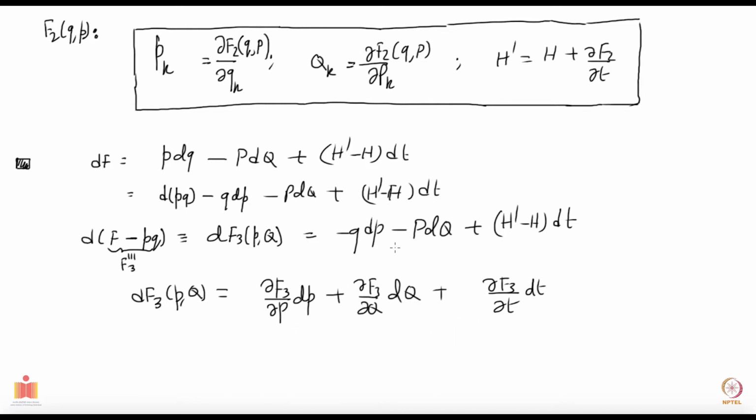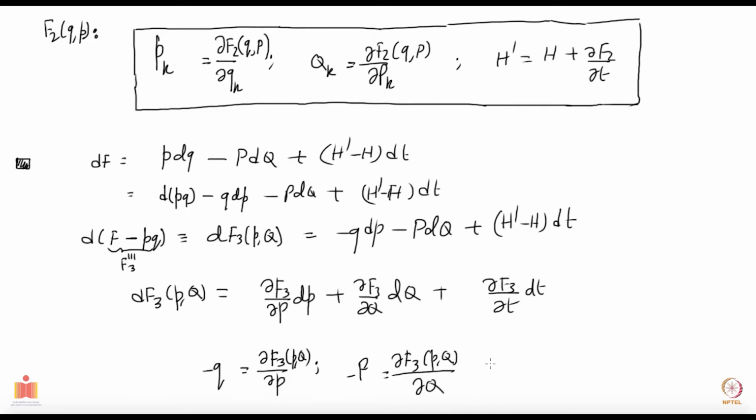And if I compare the coefficients of dp and dq and dt, I conclude that del f3 over del p is minus q, and del f3 over del q is minus p, the new p. Again, I should emphasize that these are now functions of small p and q.